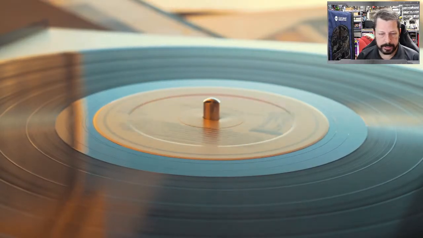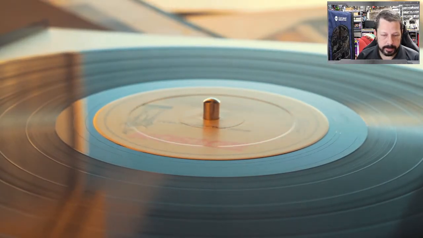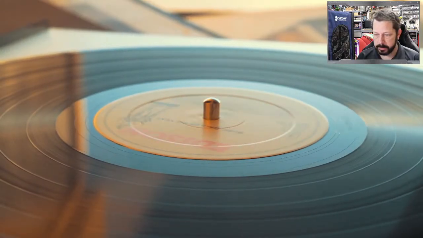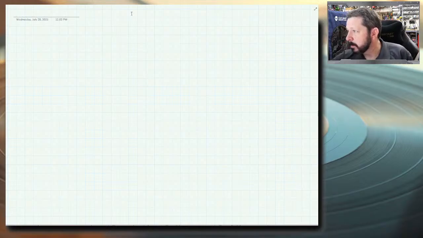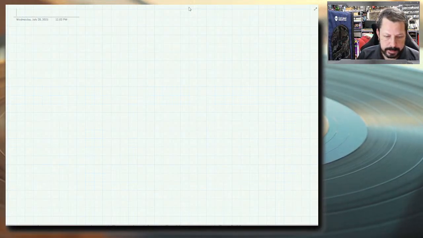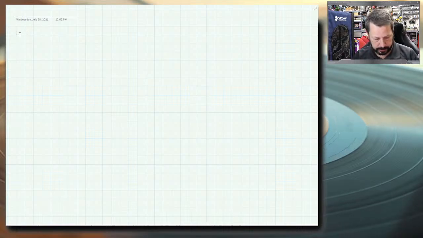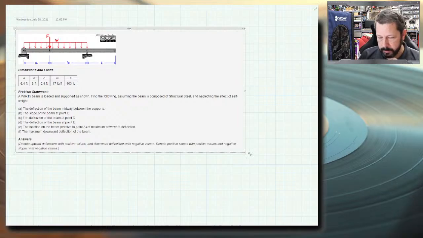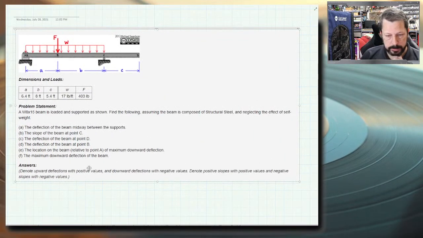Let's see, we need a new sheet and we need these things to be on. That's probably all. Yeah, that looks good. All right. So let's paste our problem statement in here. Here it goes. We can enlarge it a little bit.